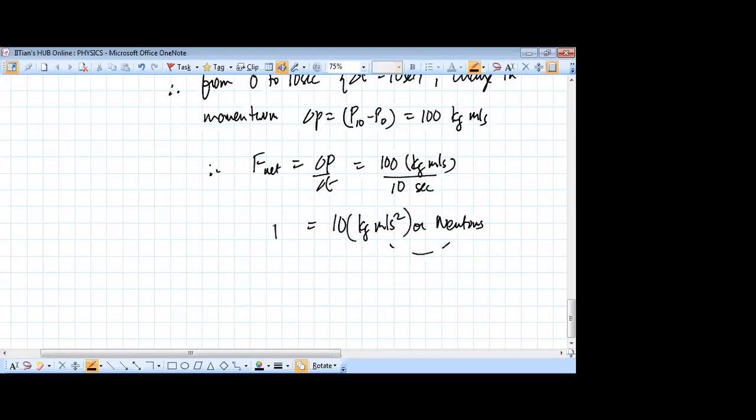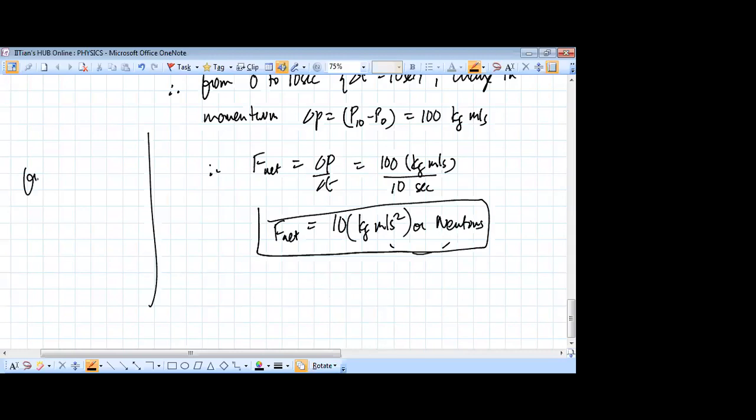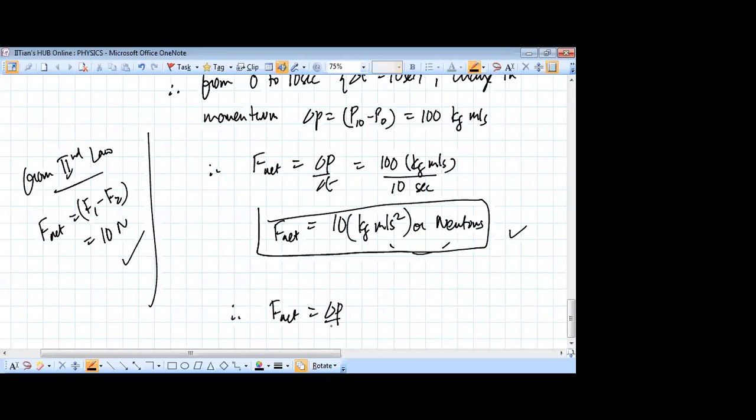So you can see that the net force is, and we have already verified that. From second law, we had seen that the net force was F1 minus F2, that was 10 newtons. So that verifies that the net force is in fact equal to the rate of change of momentum, which in this case is equal to 10 newtons.